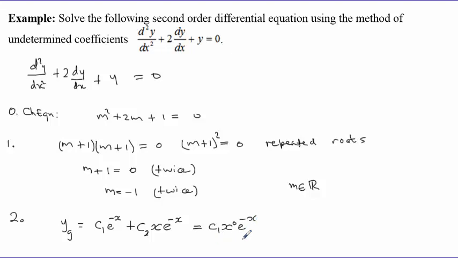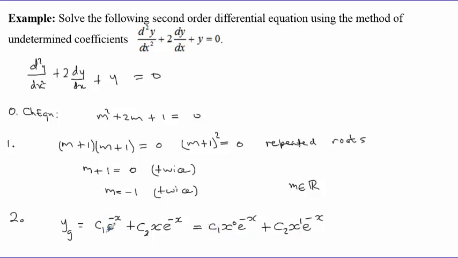This is our initial use. Plus C2, now we're using this for the second time. From our initial term we make one step, x to the power 1, e to the power minus x. That's how it is done.